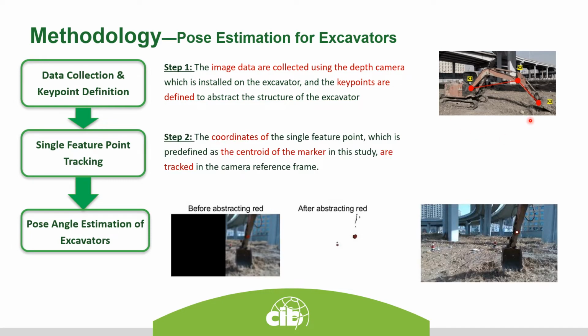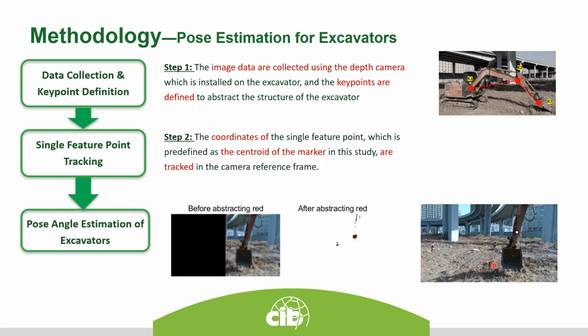And then step 2, the single feature point tracking. In this step, the coordinates of the centroid of the marker are tracked. Although different kinds of markers are allowed to be used in our method, our study used a monochromatic marker, extracting the color region and identifying the contour.